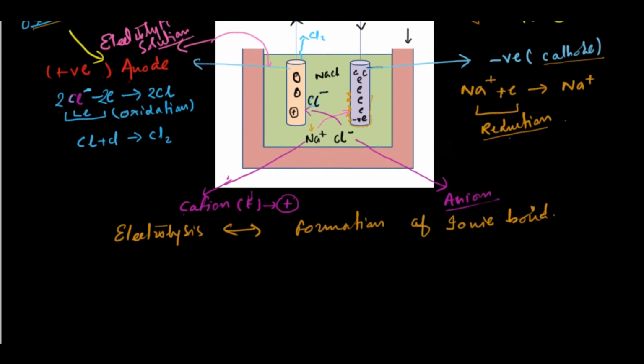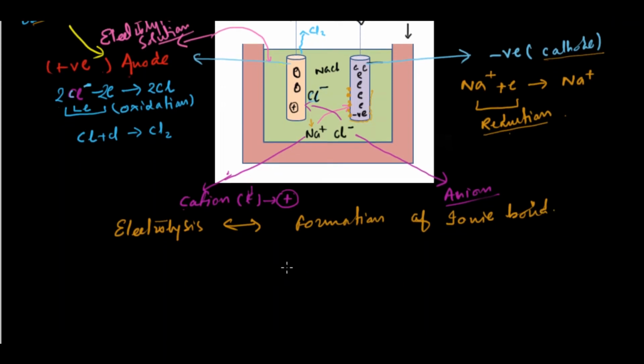First let's understand the formation of ionic bond. Na is the metal, and the metal has the tendency to lose the electron, so it is electropositive. When it is losing electron, it is becoming Na plus, and Cl has the tendency to gain the electron. So when it is gaining, it is becoming Cl minus, and this Na plus and Cl minus together create an ionic bond.